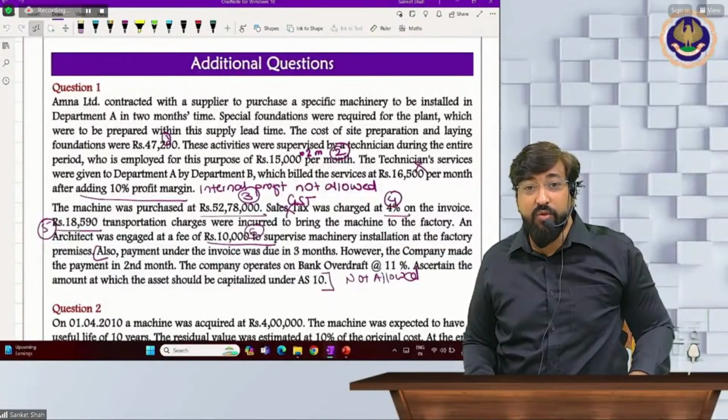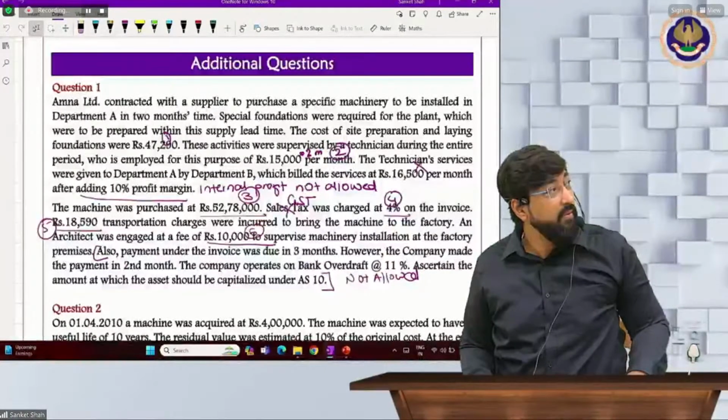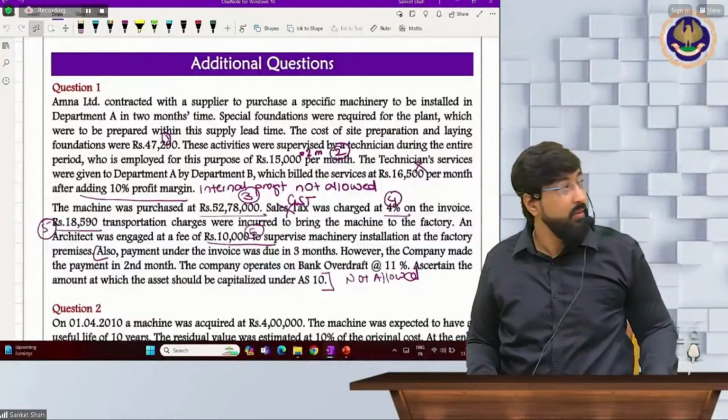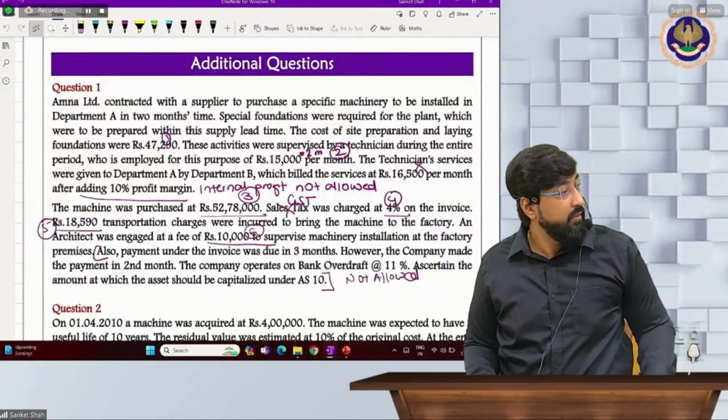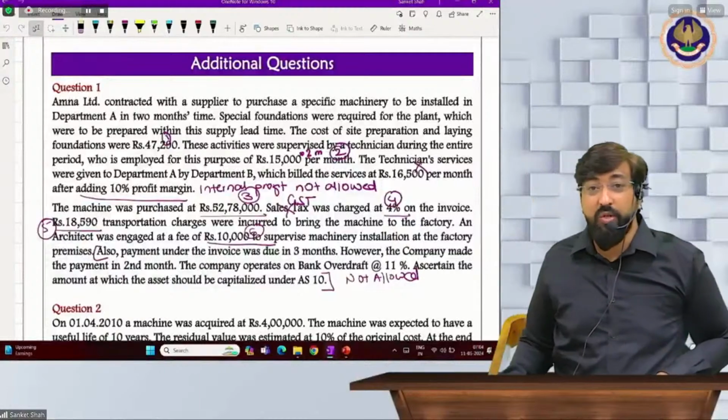So 15,000 per month into 2 months, so 30,000 rupees.